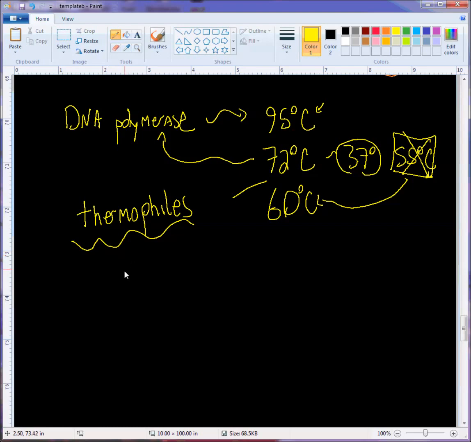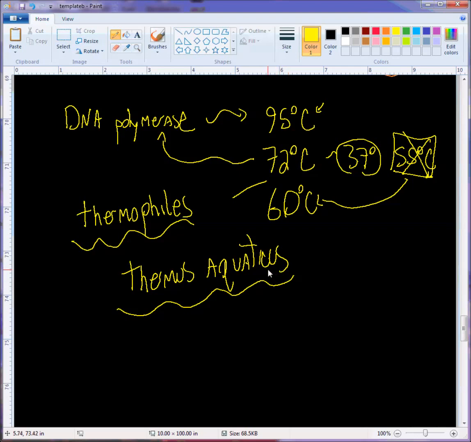And there is an organism called Thermus aquaticus, and this organism was found living near hot springs in Yellowstone Park, and it thrives at 72 degrees Celsius and can survive up to 80 degrees Celsius. So this was a huge finding.